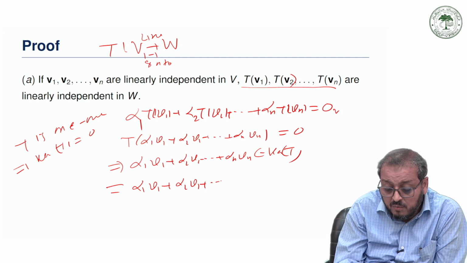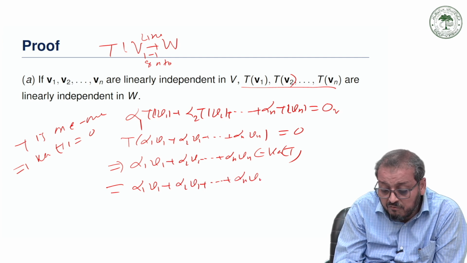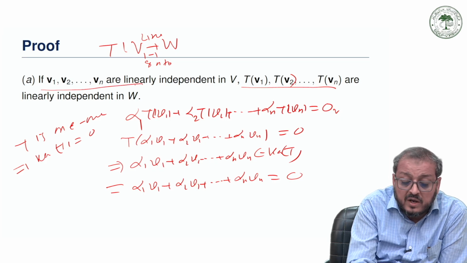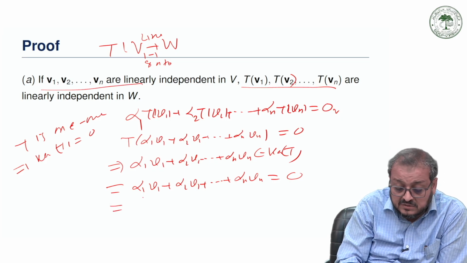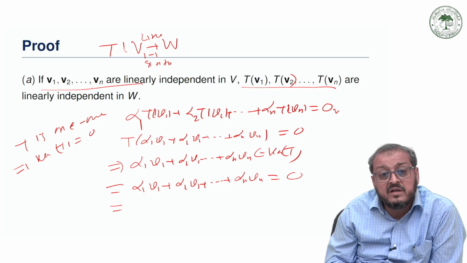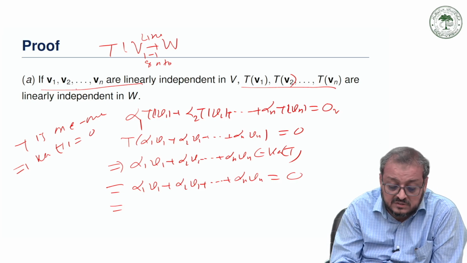So alpha 1 v1 plus alpha 2 v2 plus and so on up to alpha n vn is equal to 0, and because v1, v2, up to vn are linearly independent, this is the trivial linear combination, meaning all the scalars are equal to 0.